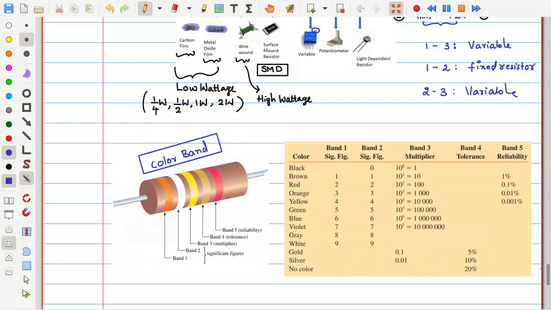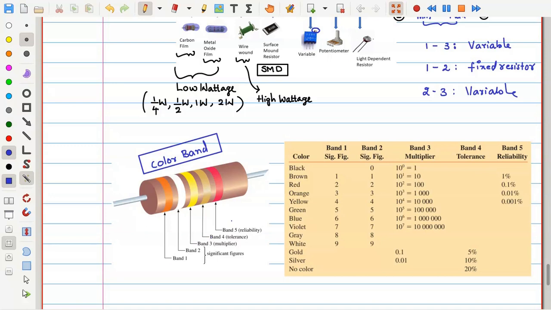Usually the color bands on the resistors are mostly 4 bands or 5 bands. That means 4 or 5 color bands are represented on the resistor. So this is a 5 band. If 4 band is given, it is easy to calculate, no issue.